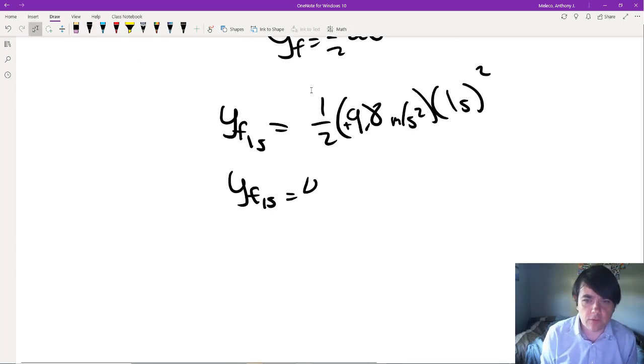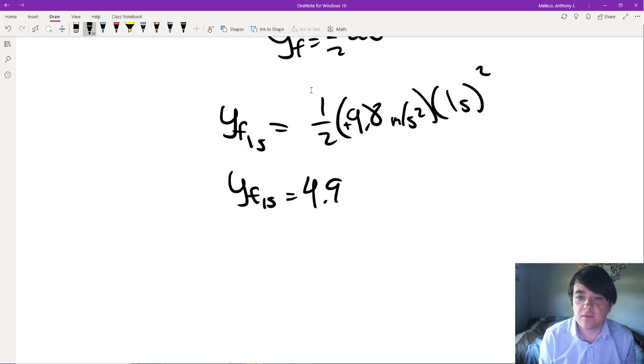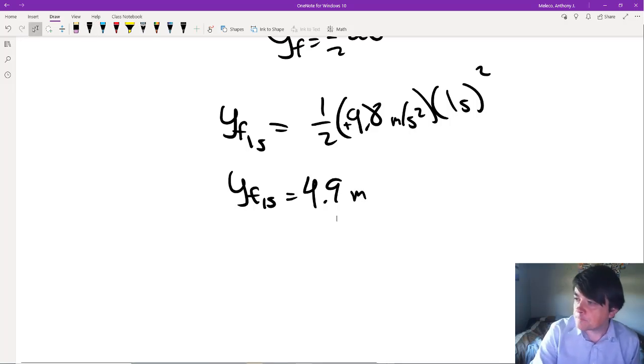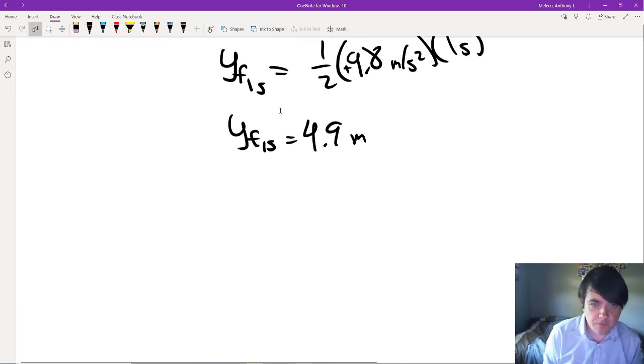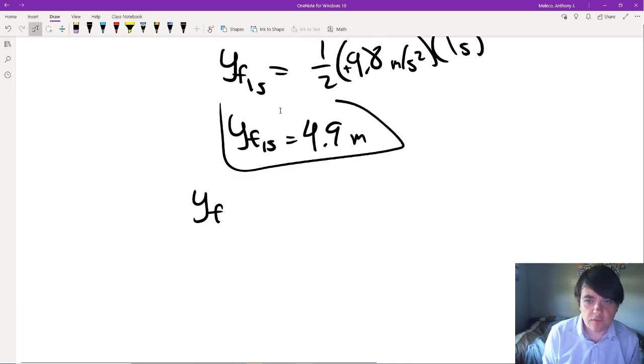Half of 9.8 will be 4.9, times 1 squared, which is just 1. The second squared cancels. We'll be left with 4.9 meters. So that's answer number 1.